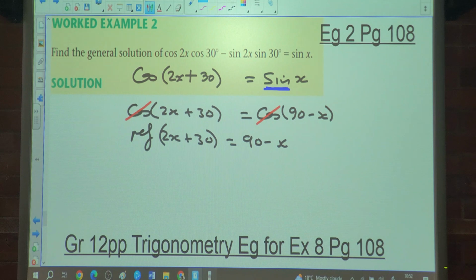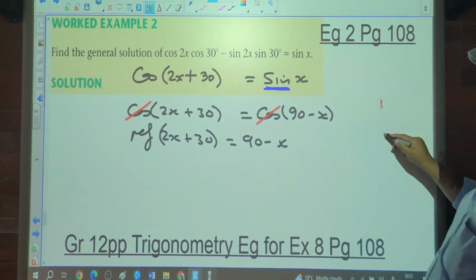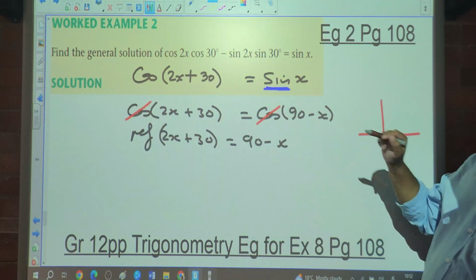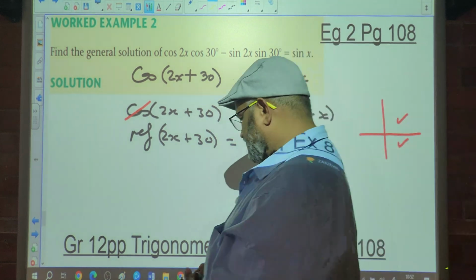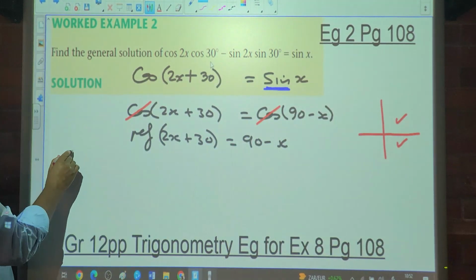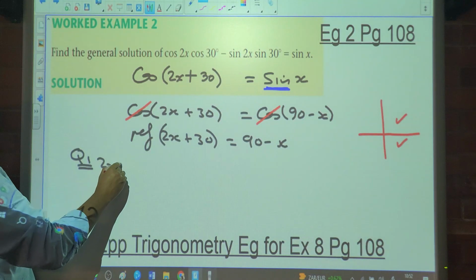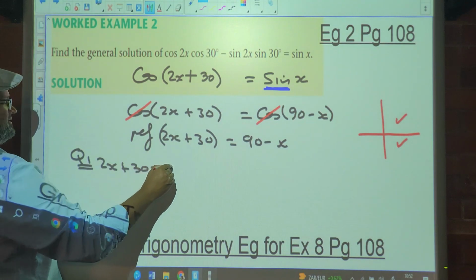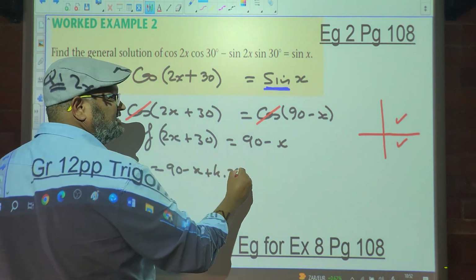Take it to its quadrants. So the question we ask ourselves: which quadrant is cos positive? 1 and 4. Let's go with quadrant 1. What do I write for quadrant 1? 2x plus 30 equals 90 minus x plus k times 360.